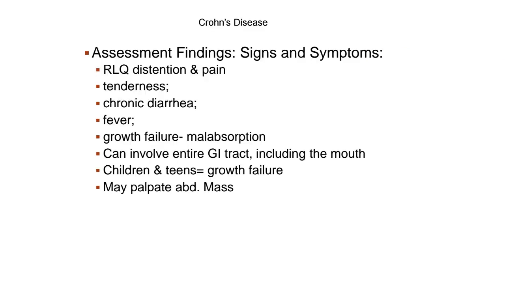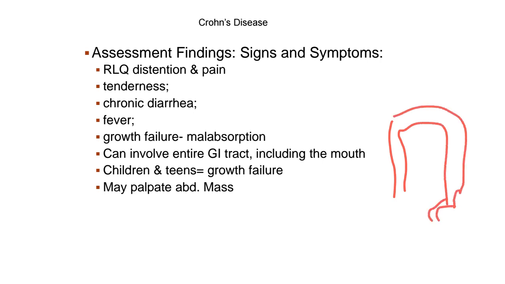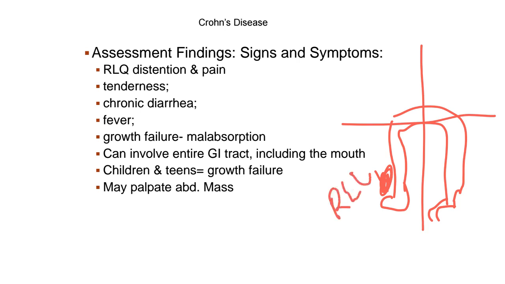So because of this disease being in the ileum, we're going to draw this again. Because the disease is here, and that is the right lower quadrant. So that's where the pain is going to be located.